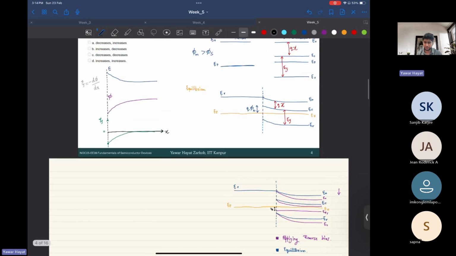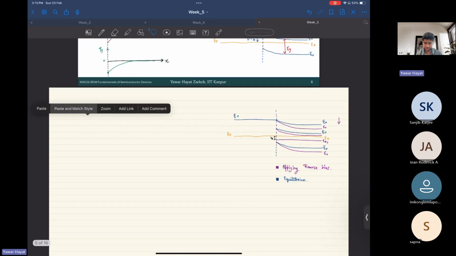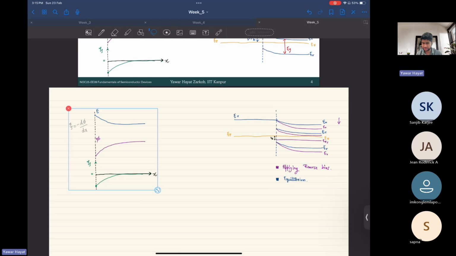So what would happen to these profiles now? Because we have to comment on the relative magnitudes of the peak electric field for these cases.